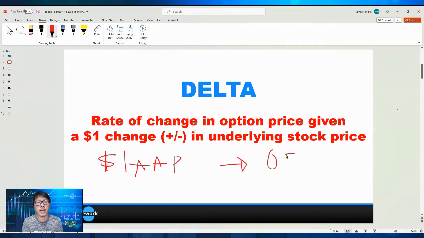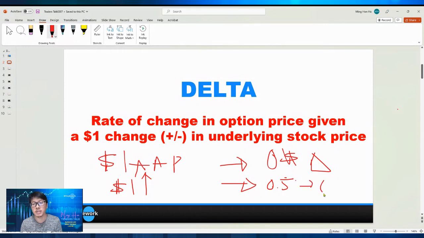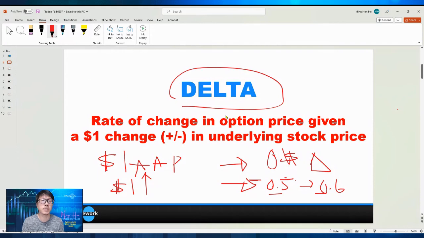Whichever option you have, how much will this option price change? For example, if Apple price goes up by $1, the option price changes from, let's say, 0.5 to maybe 0.6. So this is the change in the option price, and that is what delta represents.